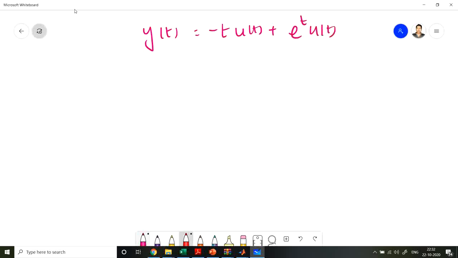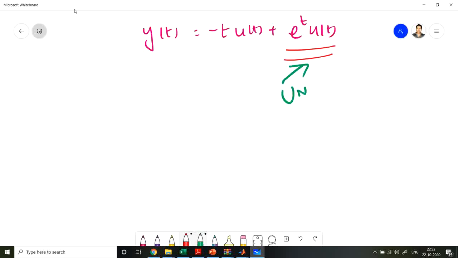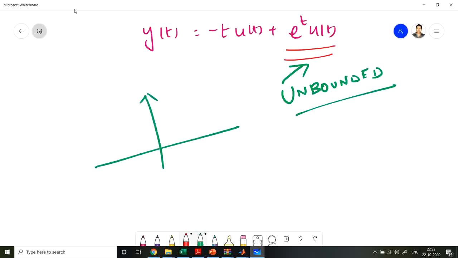If you concentrate on this term, e raised to the power t u(t), we can easily say that this signal is unbounded. It is not bounded.